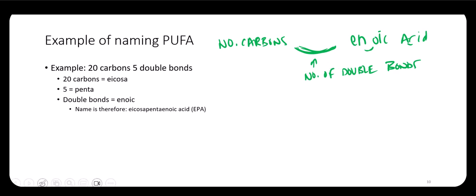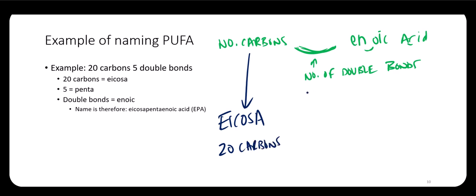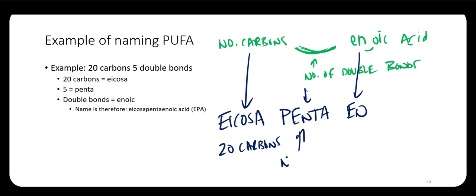So let's say we're talking about fish oil. We have icosa, that's 20 carbons. It has 5 double bonds, so we're going to have icosapenta, and then enoic acid. So this is the number of double bonds.